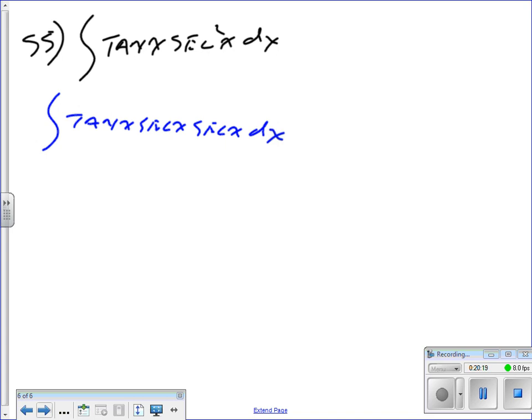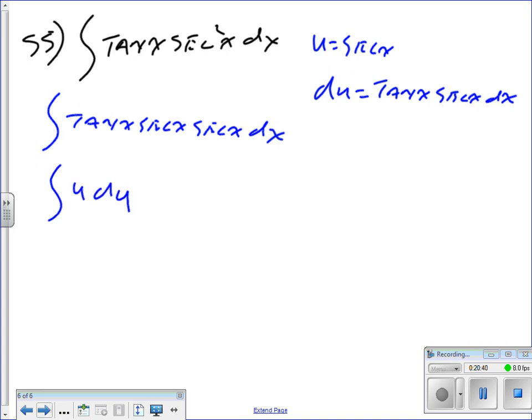Because what is secant squared? Secant times secant. So if I let u equal secant x, du equals tangent x secant x dx. So I get the integral of u du, which is 1/2 u squared.